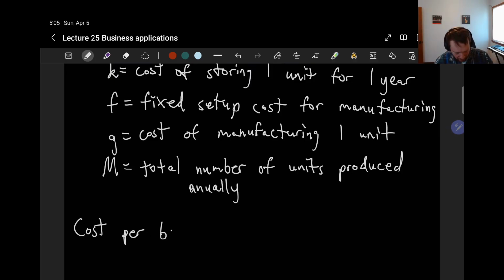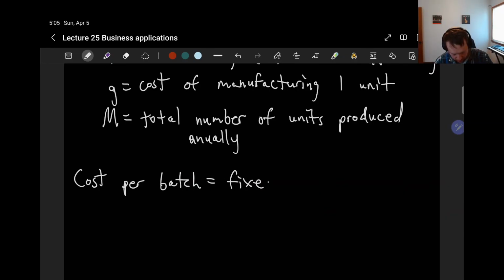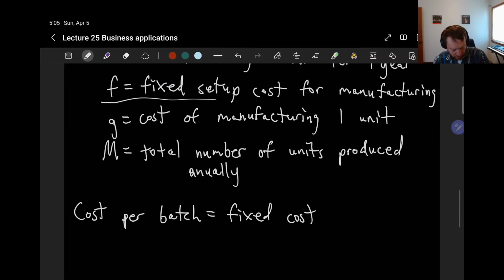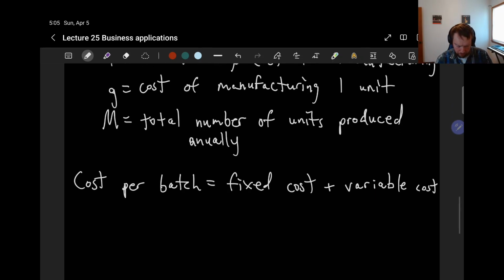First, the cost per batch. So the cost of producing a single batch, well, let's put equals. That would be the fixed cost. Remember, there was this manufacturing cost, which was just part of setting things up. So you have that going on. And in addition to that, you have the variable cost, which actually has to do with the number of cases that you're producing.